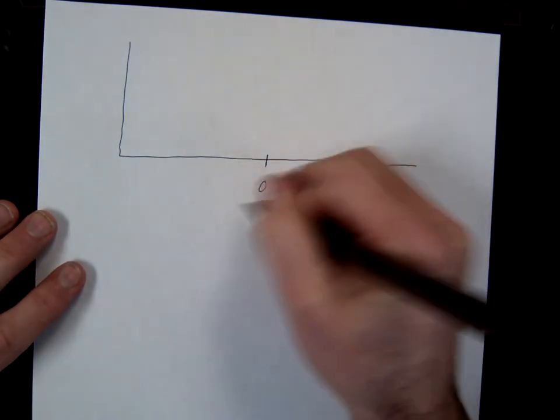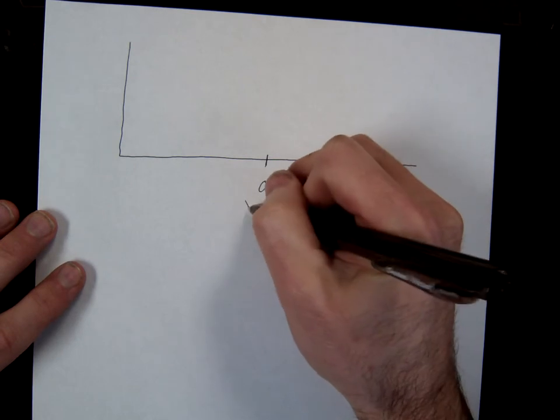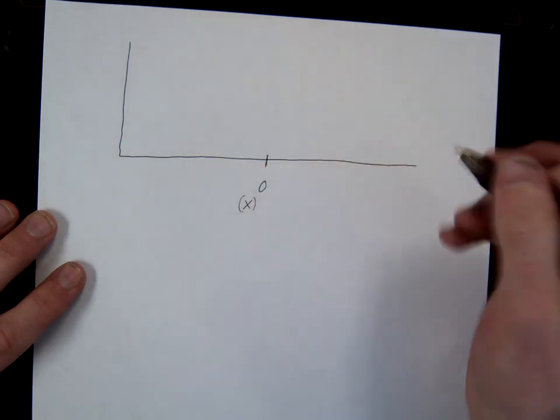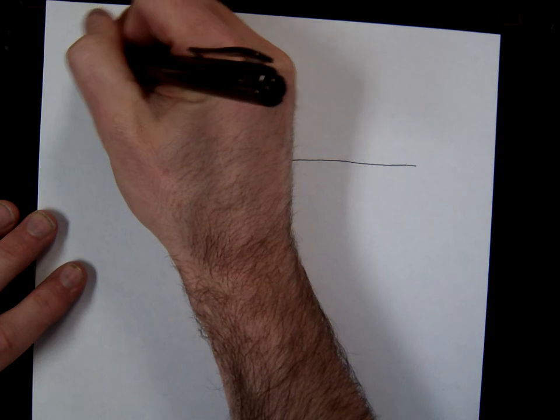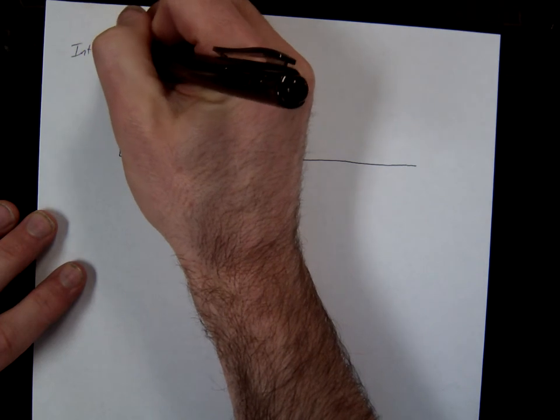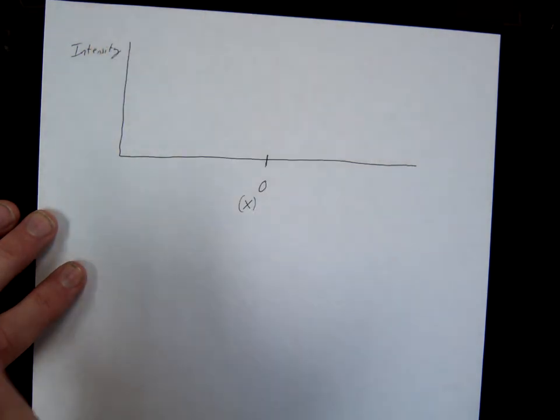Across the middle here, this is going to be our x. On the side is going to be intensity. And what do I mean by intensity for light? How bright. Yeah, that would be our brightness.